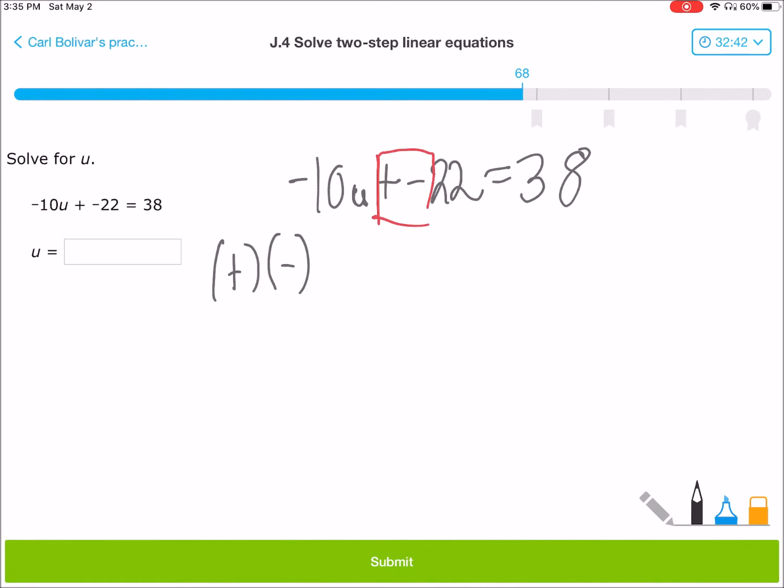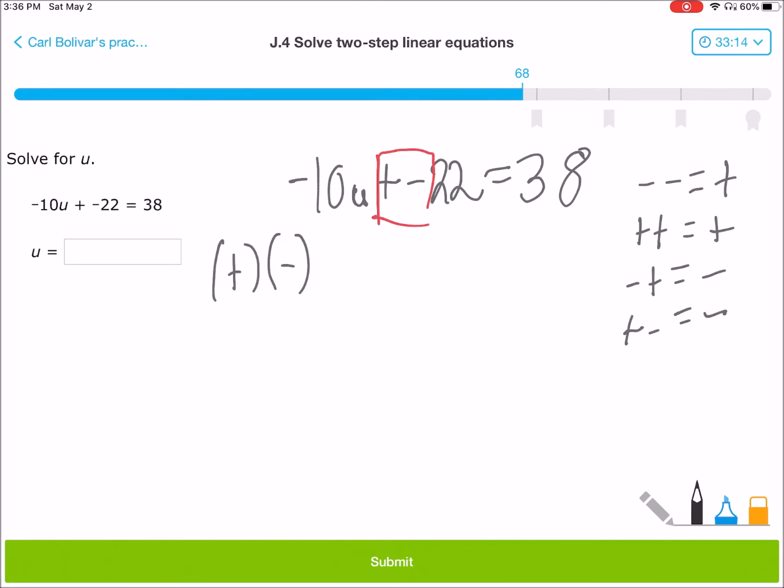So let's review it again. From this rule, when a minus and a minus multiplies or divides by each other, it will become a positive. When a positive and a positive multiply or divide each other, it's a positive. When a negative and a positive multiply or divide each other, it's a negative. When a positive and a negative multiply each other, it's a negative.